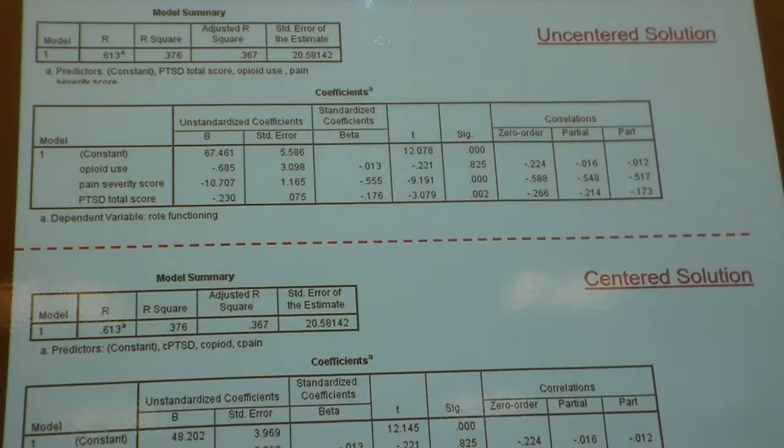So we see a shift in our constant, but our coefficients are all identical. Questions about this? Centering our variables has really no impact on our base regression model outside of changing that constant value a little bit.